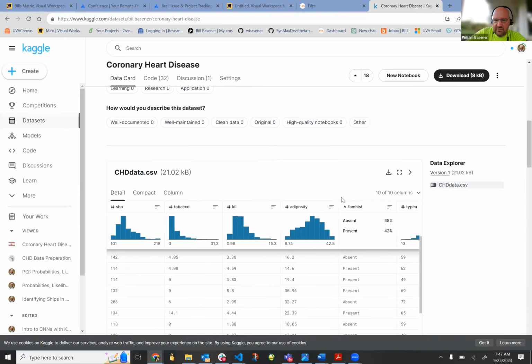Just looking at this, what I see is that tobacco doesn't have a normal distribution. Maybe it looks like a binomial distribution or something like that. Same for systolic blood pressure, and that makes sense.